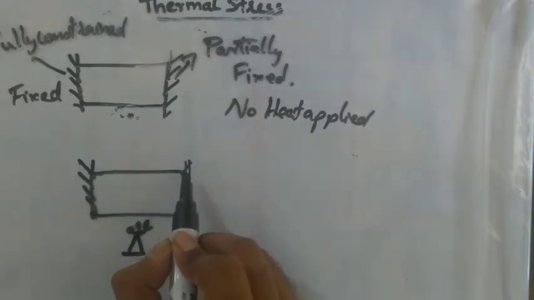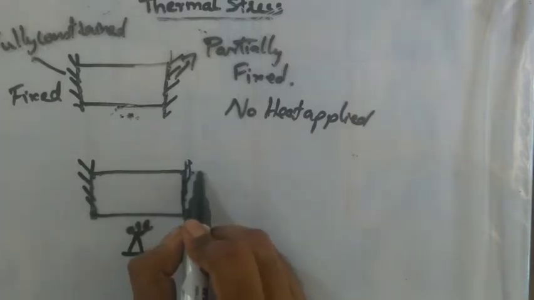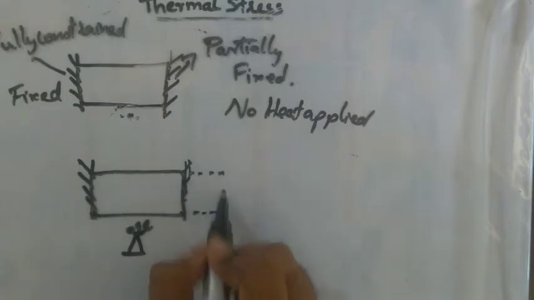Consider this partially fixed wall. There will be elongation till here.